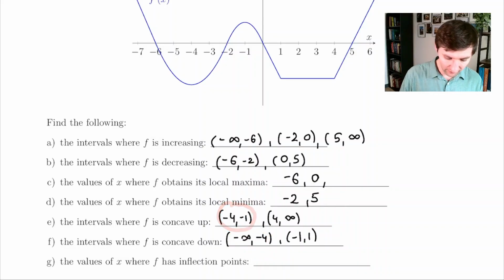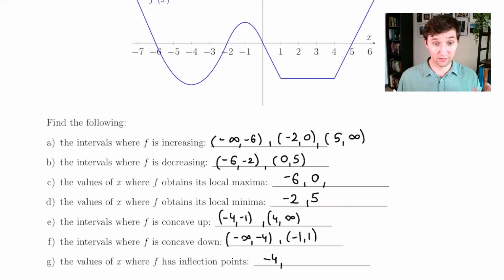This tells you that x equal to -4 is the x-coordinate of the first inflection point. The function is concave up between -4 and -1, and then at -1 it changes to being concave down again. This tells you that -1 is the x-coordinate of the second inflection point.